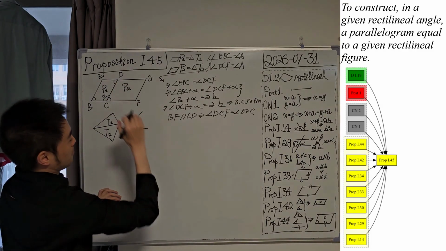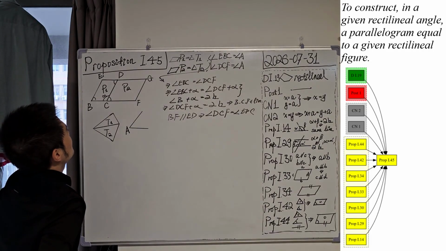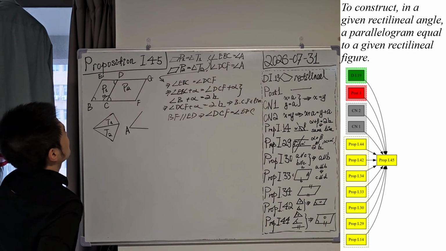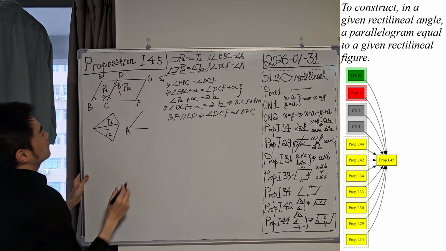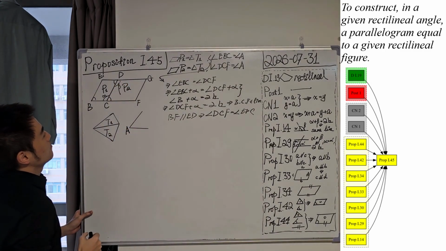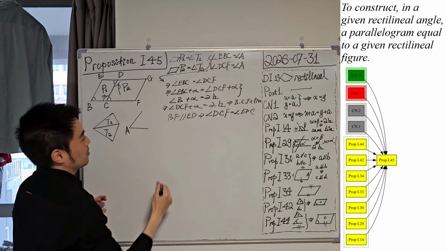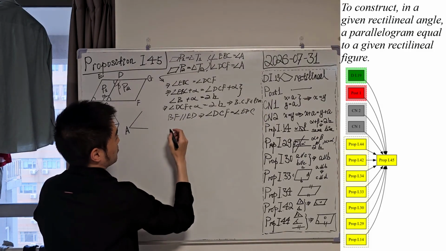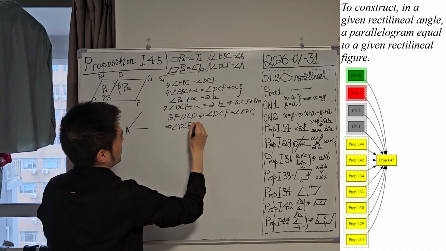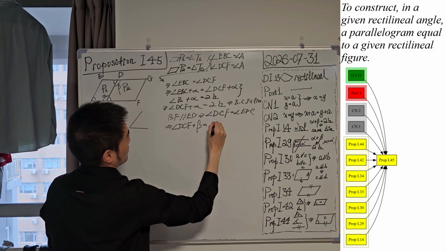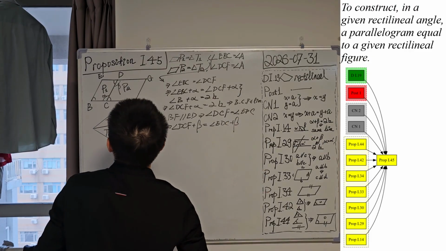They are equal, and let's call this angle beta. And if we add beta to both sides of this equality, the equality still holds, right? Because of combination 2 again. So we know that angle DCF plus beta will be equal to angle EDC plus beta, right?